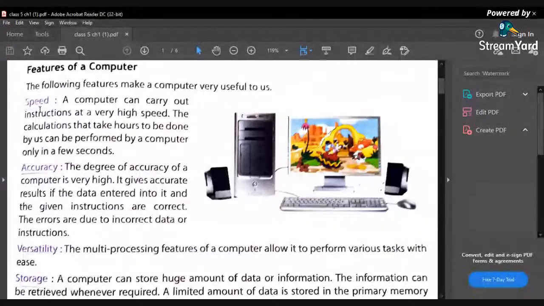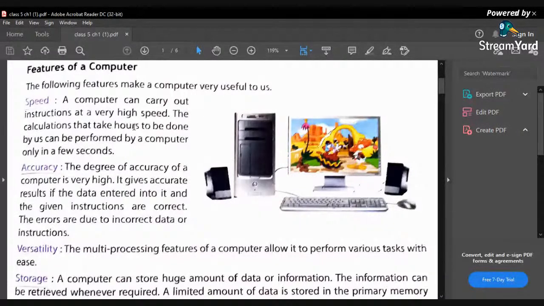Speed. A computer can carry out our instructions at a very high speed. Calculations that take hours to be done by us can be performed by a computer in only a few seconds.